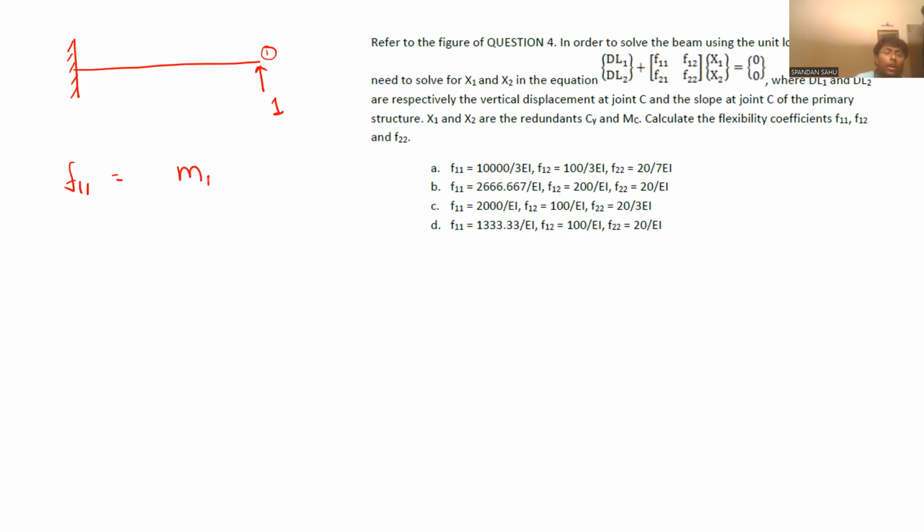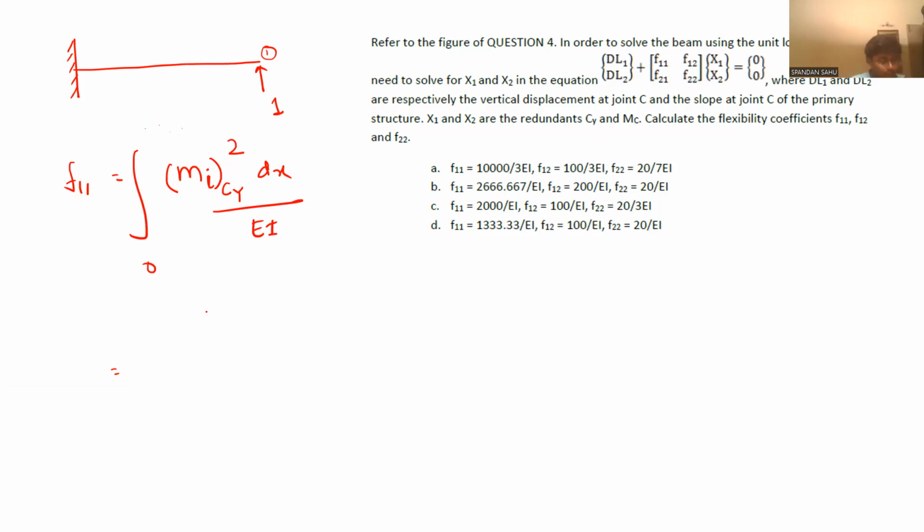F11 will be m1, sorry, MI of, but you can write, due to CY, I am writing. That subscript CY means those small m's are calculated with respect to CY as redundant. Integration dx by EI from 0 to the upper length. Now you tell me.